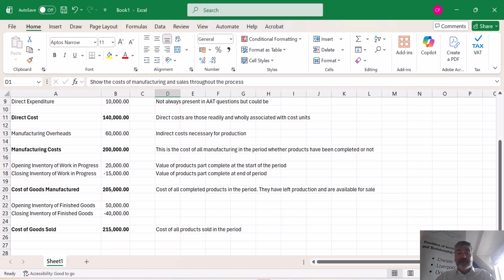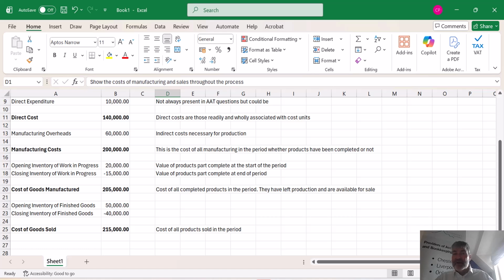The next step is to arrive at the cost of everything that has been sold in the period. So that £205,000 worth of product has gone into my warehouse, where it's joined up with what's there already at the start of the period, £50,000 worth of finished goods. So in total, I have £250,000 worth of goods available to be sold.